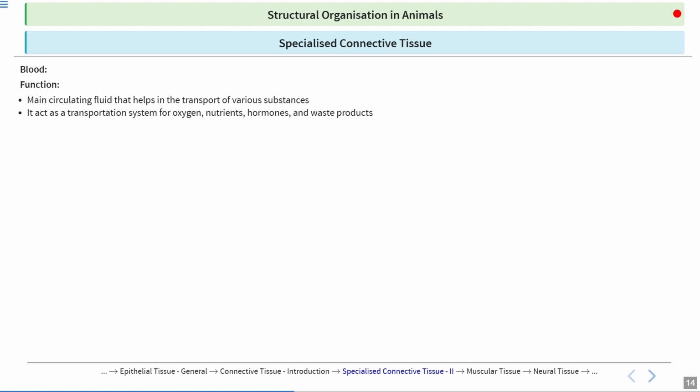It acts as a transportation system for oxygen, nutrients, hormones, and waste products. The waste products that are synthesized in the different tissues are eliminated because they are present now in the blood. The tissues pour all the nitrogenous waste substances into the blood. And when blood circulates in the body, that nitrogenous waste material reaches the target organ, that is the kidney.